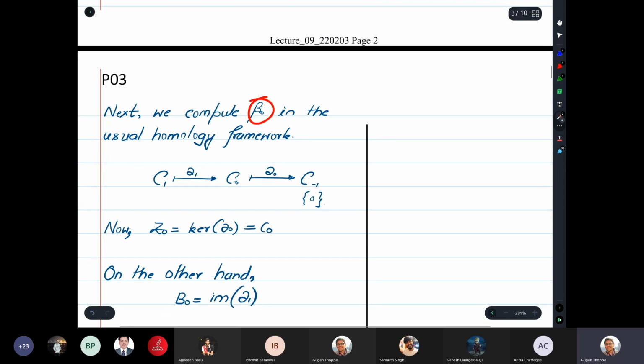So for Betti 0, we have to look at these three vector spaces C1, C0 and C minus 1. So we will first look at the usual homology framework. By that I mean we will set this C minus 1 to be the trivial vector space. So when we set it to be the trivial vector space, it has just one element which we will interpret as the additive identity.